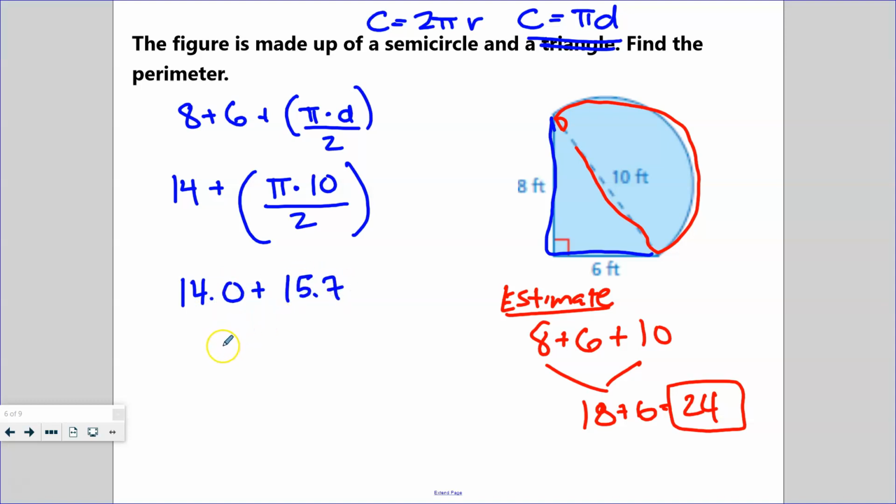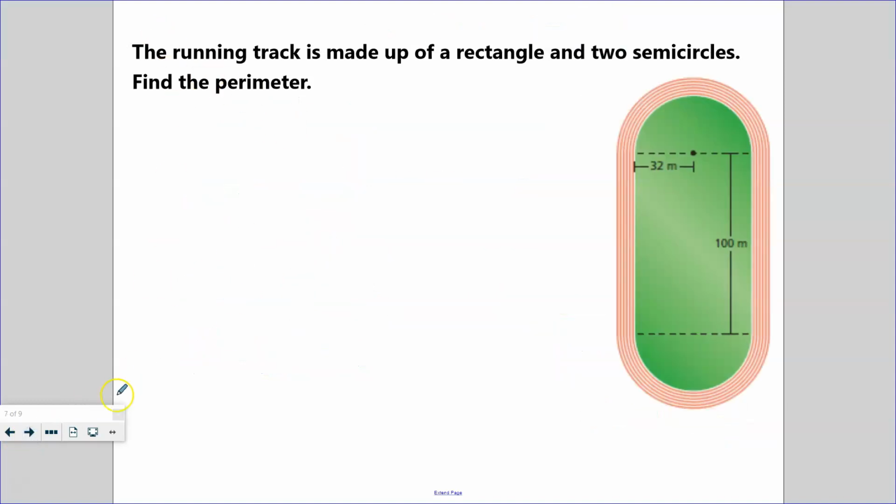Add those together and you end up with 29.7 feet. And that is an exact perimeter. So we look to see what our estimate was. It was 24, not too far off of 29.7. So we'd say that the perimeter of this shape is 29.7.